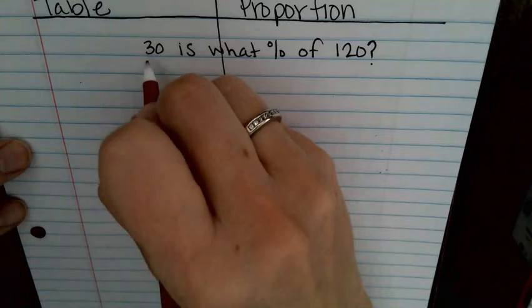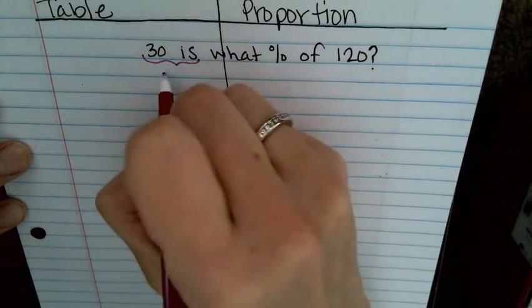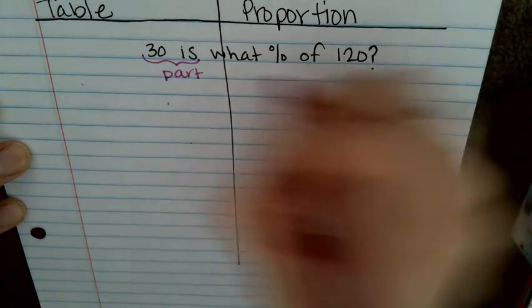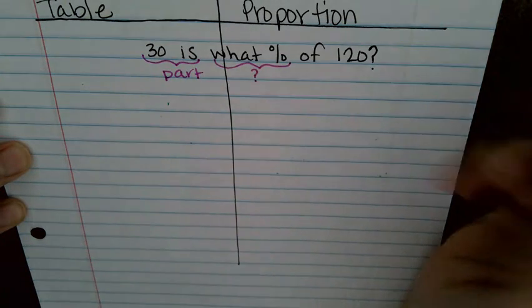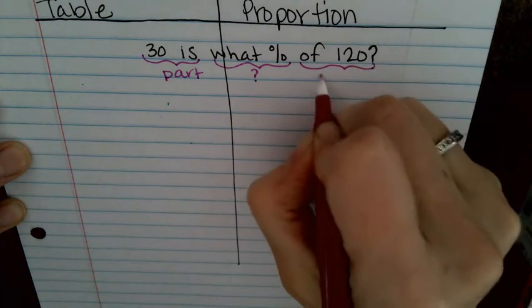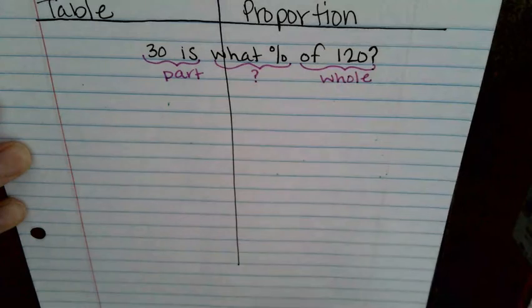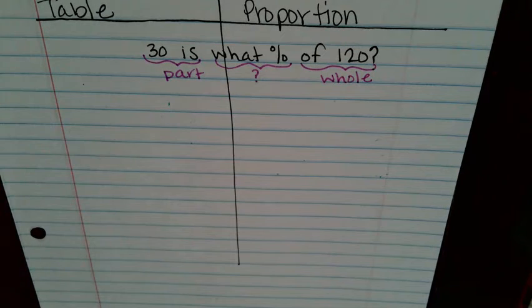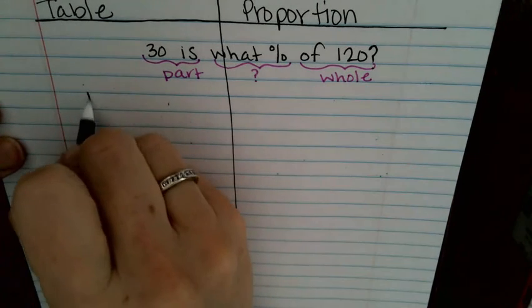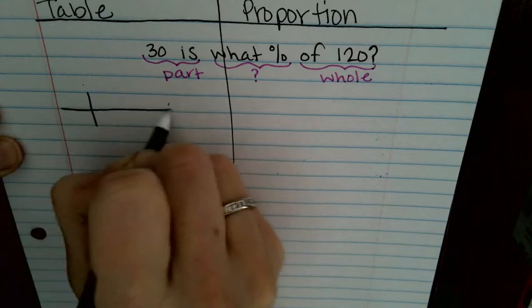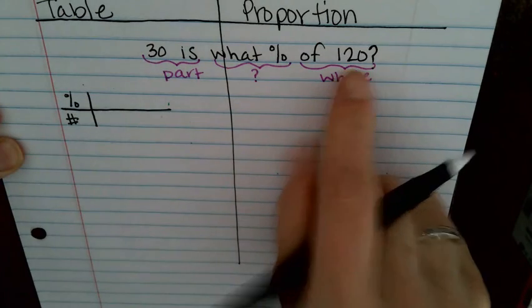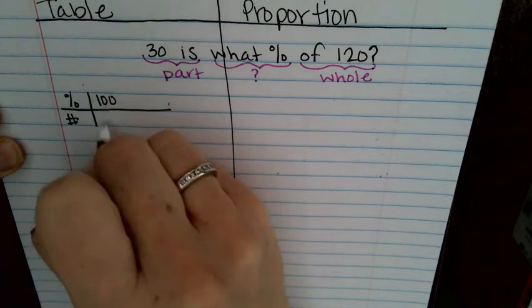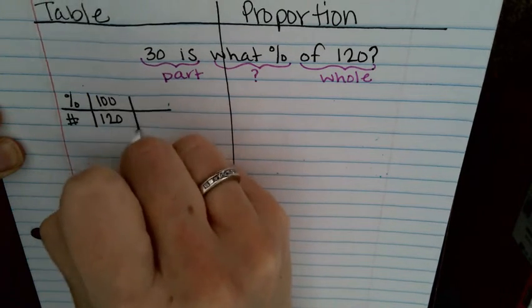So 30 is, okay, remember this is that part. What percent? Now I don't know what the percent is, but I know that the whole amount is 120. So if I were to create a table, right, percent, number, I know that 100% of 120 is 120.